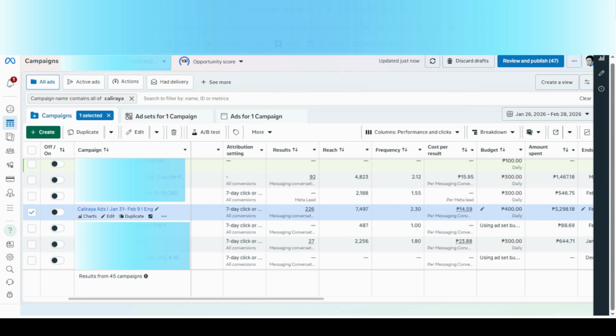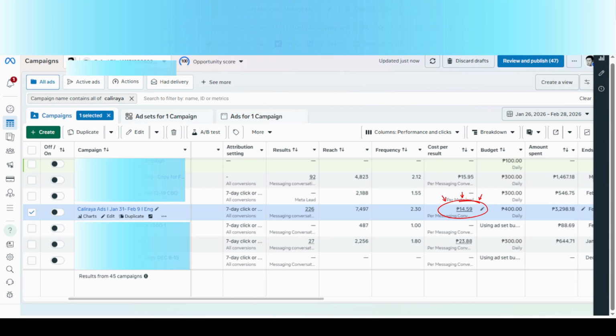So we have the cost per result. We spend 14 pesos and 59 cents per messaging conversation. If we analyze this, the benchmark for cost per messaging conversation is 20 pesos to 80 pesos, for the Philippine market typically. If it's too high, leads are expensive, and if it's too low, your campaign is very efficient.